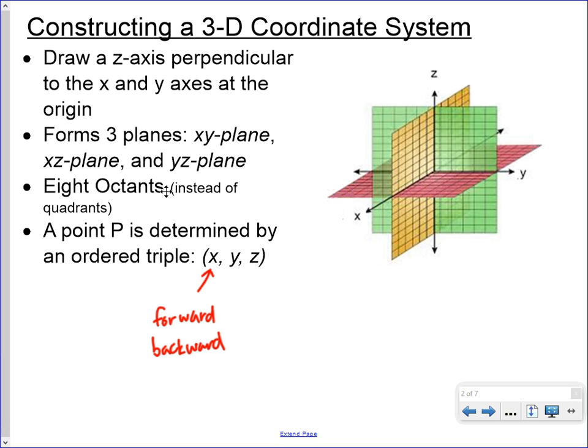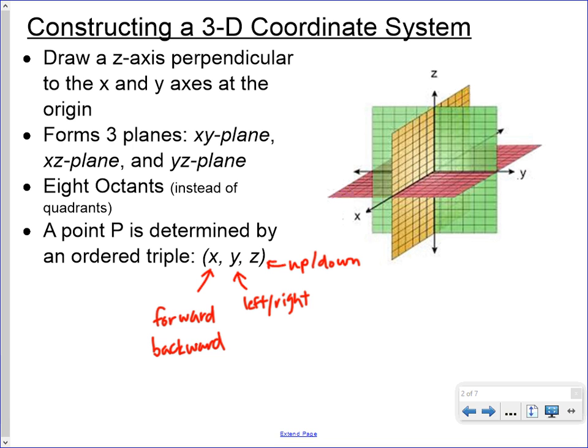So I can go forwards or backwards, towards me or away from me. Y will now be more like left and right. Will you be right of the XZ plane or left of the XZ plane? And then Z will be, of course, up and down. So just to put that into perspective for how the book represents it and how I'll talk about it, I'll use those words.